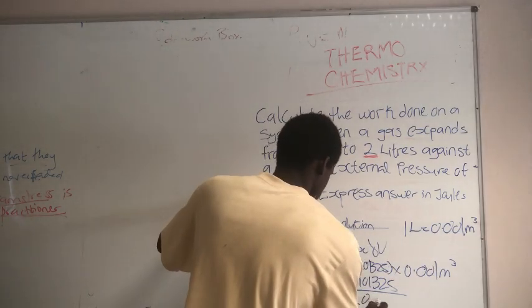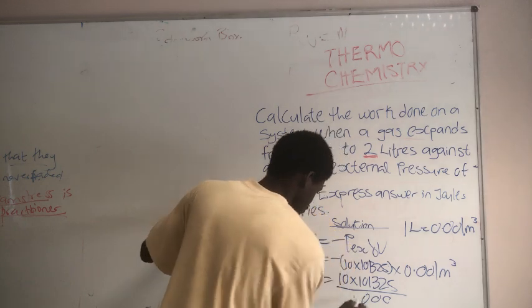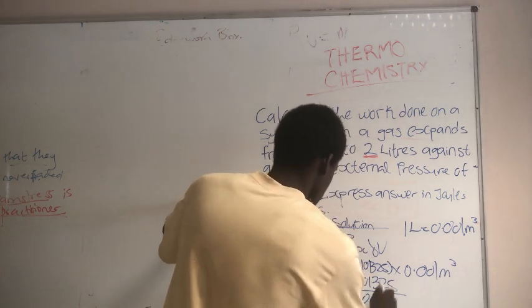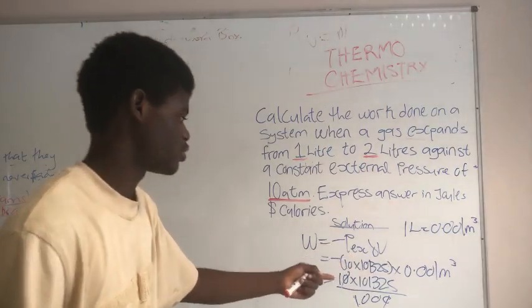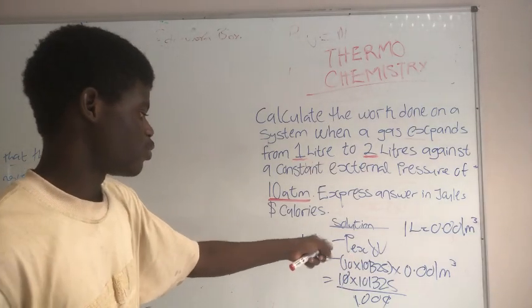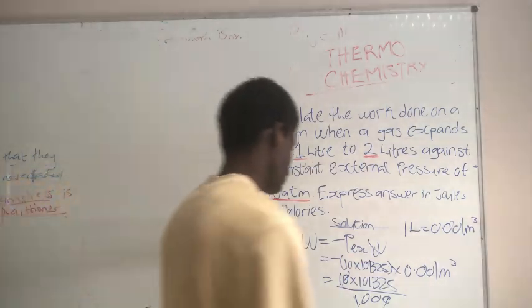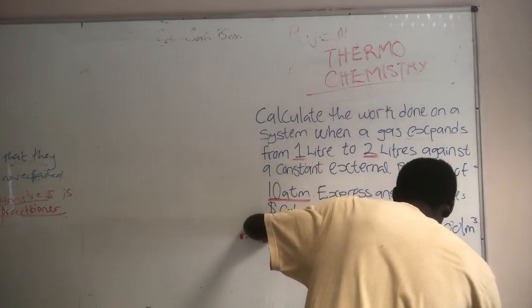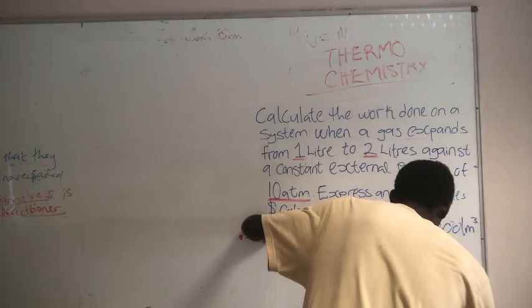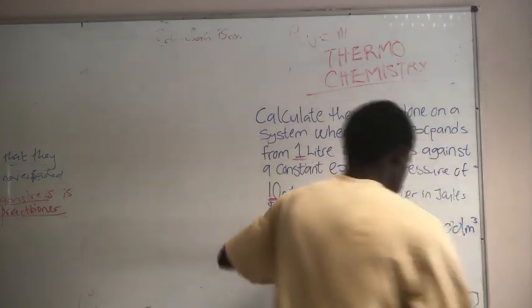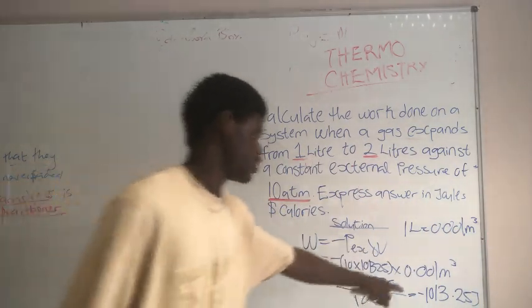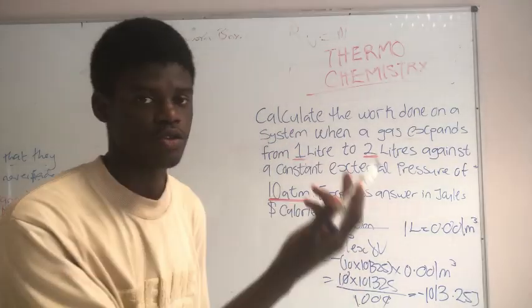So that's 1013.25. That will be the answer: minus 1013.25 joule. The negative here is just signifying that the system is doing work.